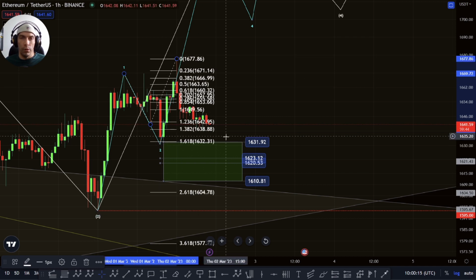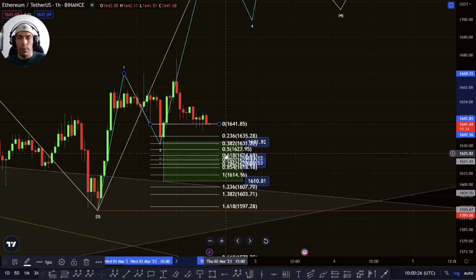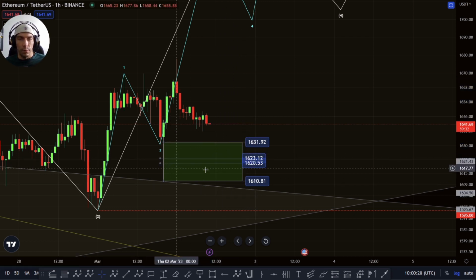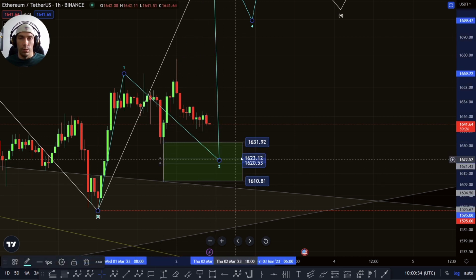So it'll be interesting to see if we do come back down into this area. Alternatively, if we do extend out slightly, we could look to potentially target that 618, which would actually bring us down to this 1624. And what I'd be looking for is this potential of coming back down into this green support box and looking lower here towards the 1623 to the 1620.